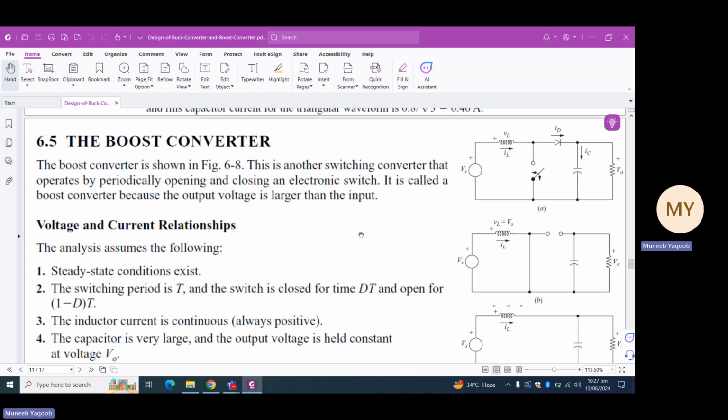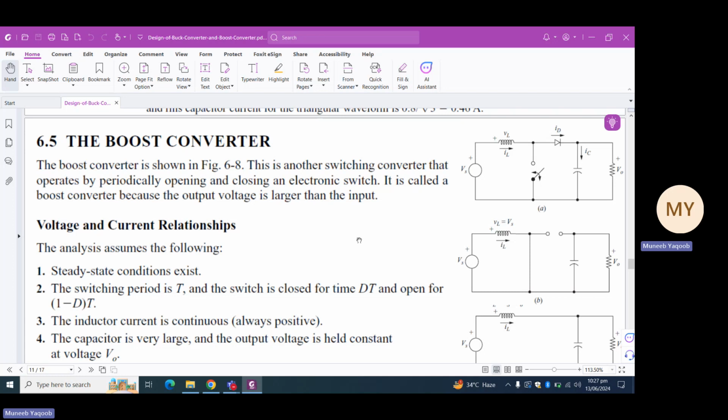When the switch is closed, the voltage across the switch is zero, hence the power consumed is zero. Similarly, when the switch is open, the current through the switch is zero, and hence the power consumed by the switch is zero. So we are considering that all the components are ideal. The switches don't consume any power while performing the switching operation.